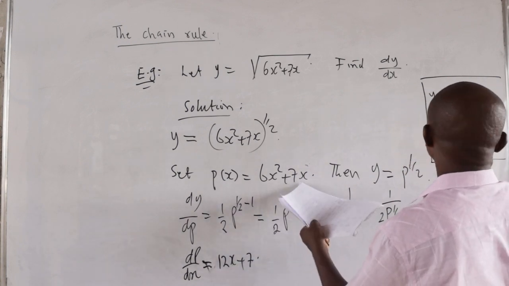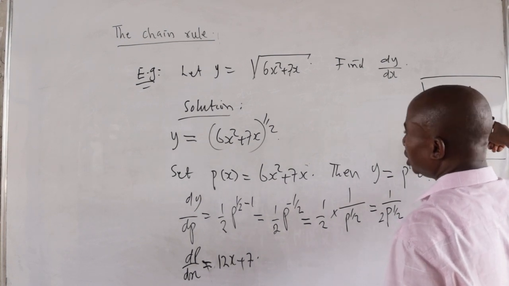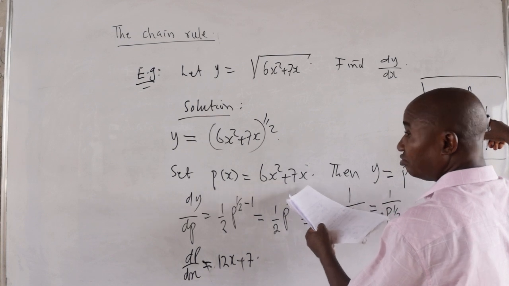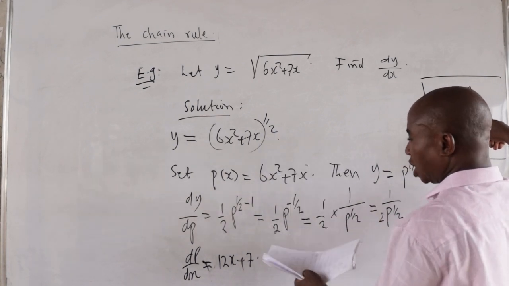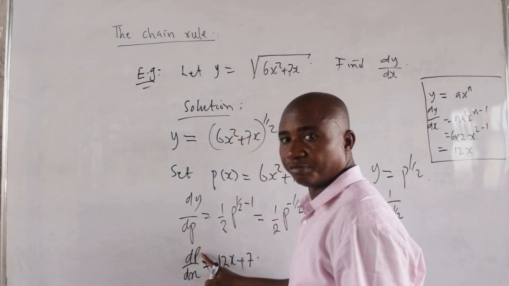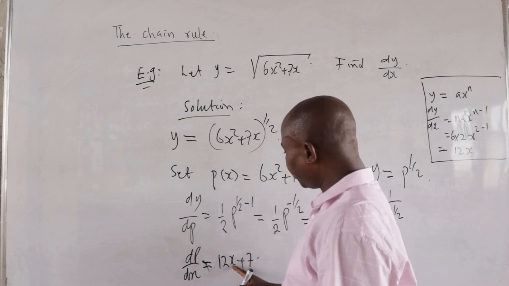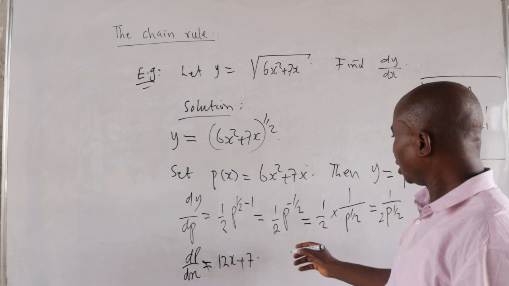The same thing goes for this. If you apply this, our n is 1, 1 minus 1 is 0, and anything raised to the power 0 is 1. Any number different from 0, you raise it to the power 0, you get 1. So this becomes 7. So the derivative of p with respect to x is exactly 12x plus 7. Alright.